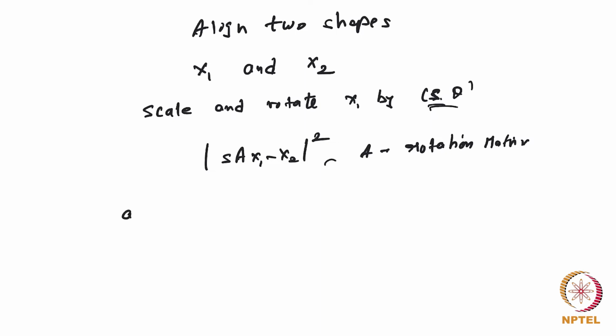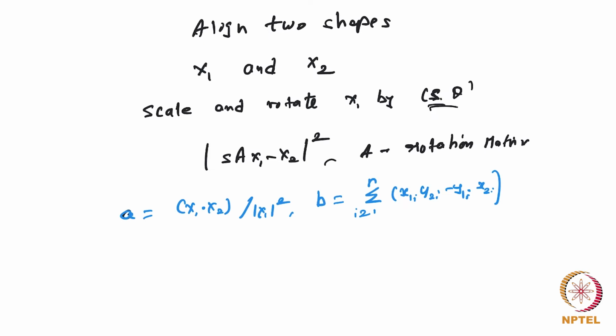Small a is given by x1 dot x2 divided by modulus of x1 squared, and there is a b which is given by summation i equal to 1 to n of x1_i y2_i minus y1_i x2_i, divided by modulus of x1 squared.